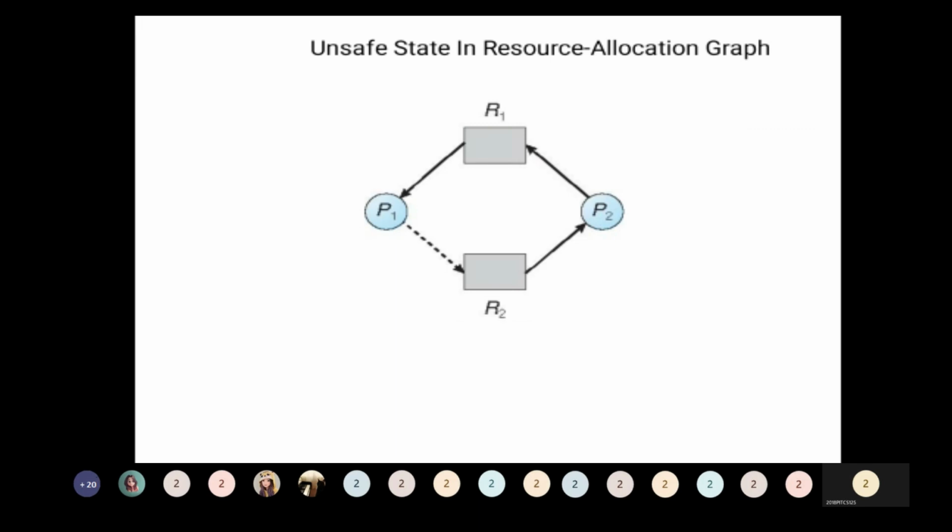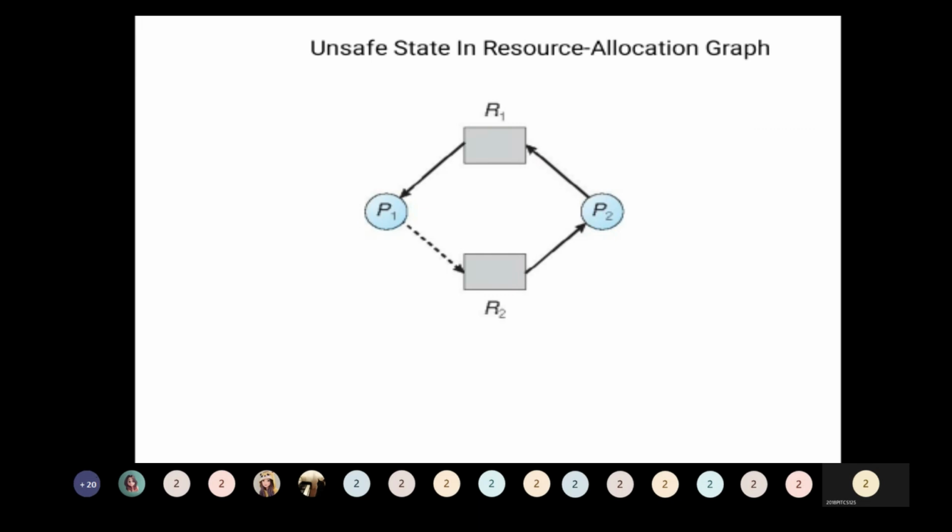Unsafe state in a resource allocation graph. Here also the same example: you have two resources R1, R2, and two processes P1, P2. R1 is currently held by P1. P2 is requesting R1, which is held by P1. R2 is assigned to P2.